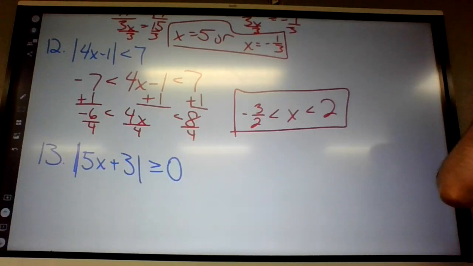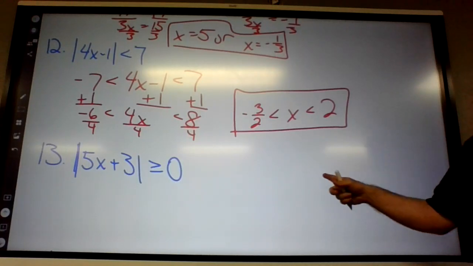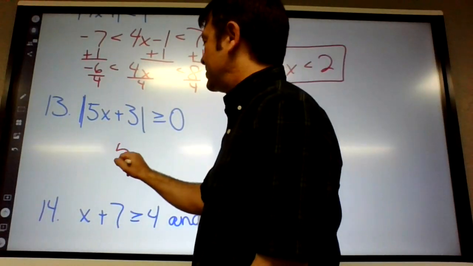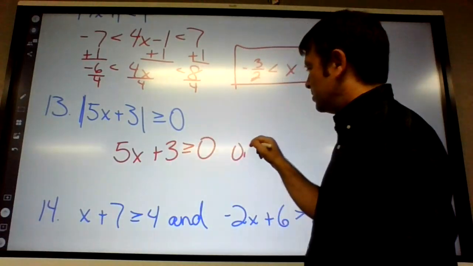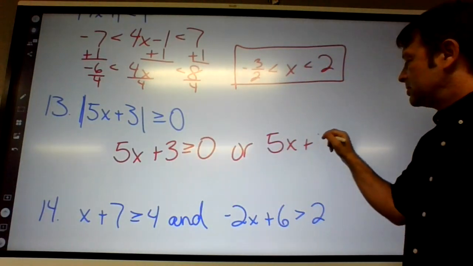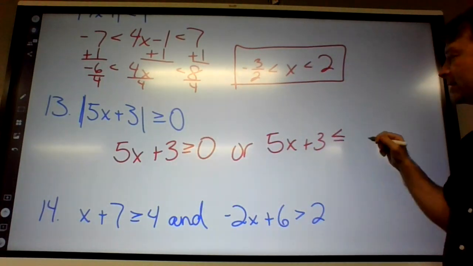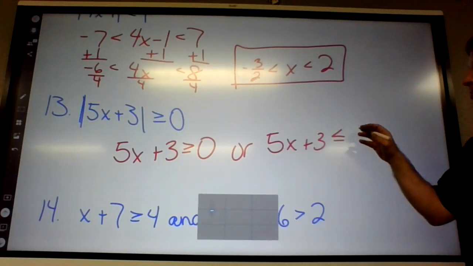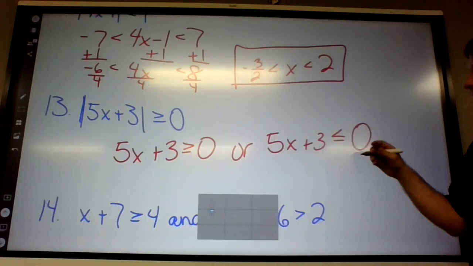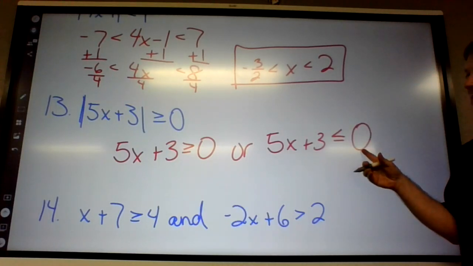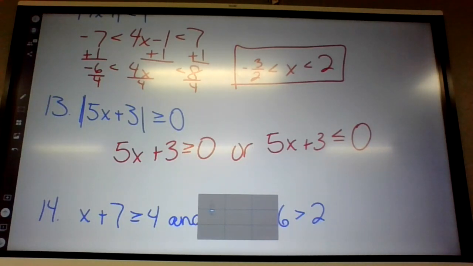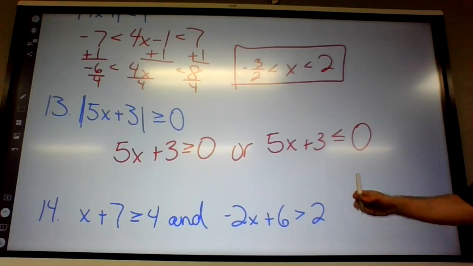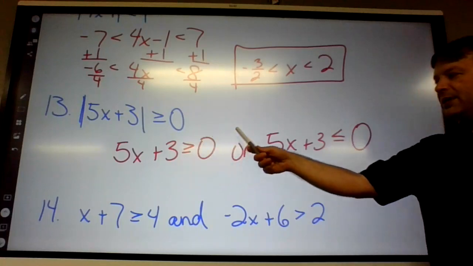So how would you do it then? Because it's an or. Okay, how does greater than set up? It's an or statement. 5x plus 3 equals 2, or 5x plus 3 equals... No, it's less than or equal to 0. Okay, this would be -0, but same thing. -0 does not exist, it's just 0. It's almost the same thing except this one's a greater than and this one's a less than.